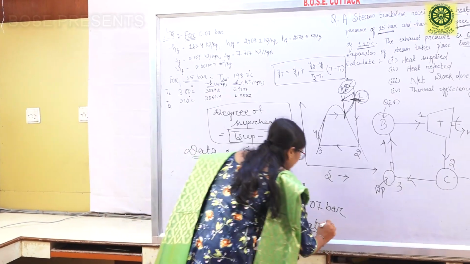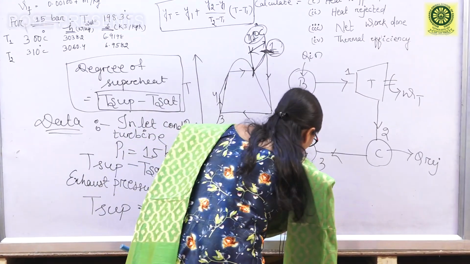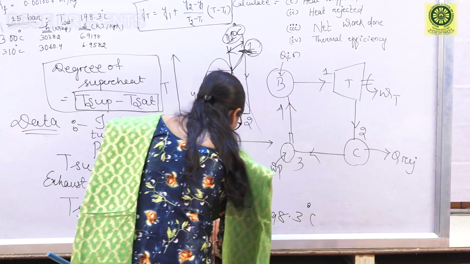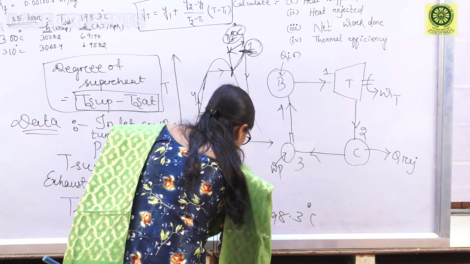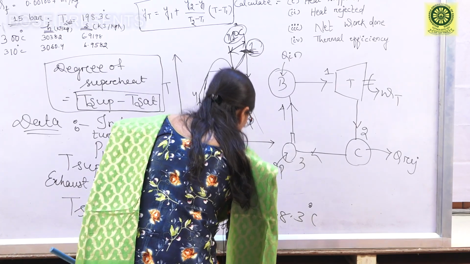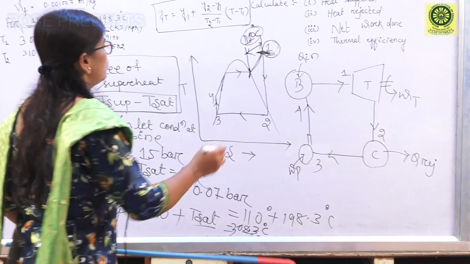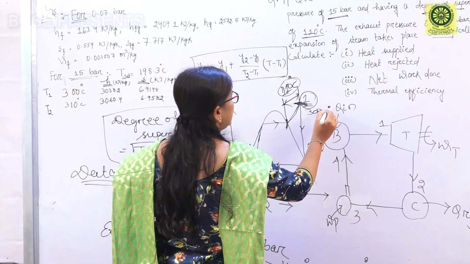So I will just add that, 110 plus 198.3 degree centigrade, and it will be 308.3. So at one point the temperature is 308.3 degree centigrade.